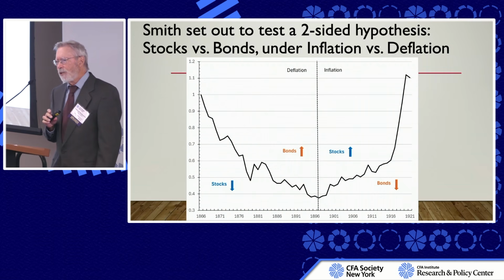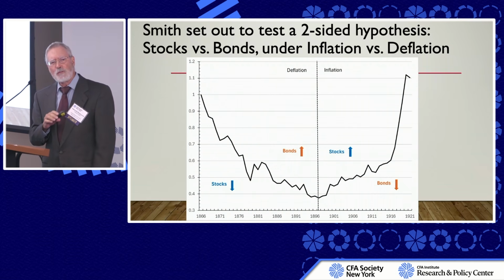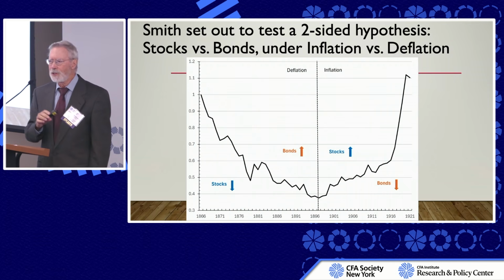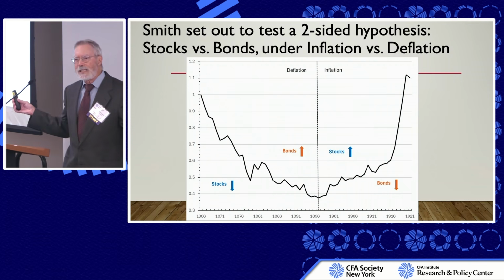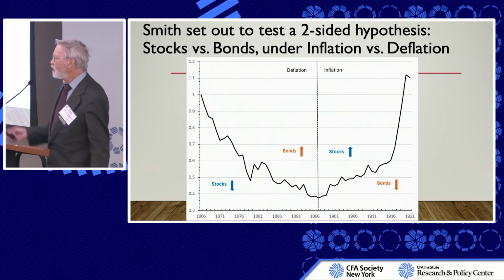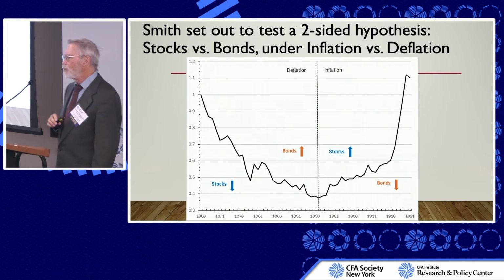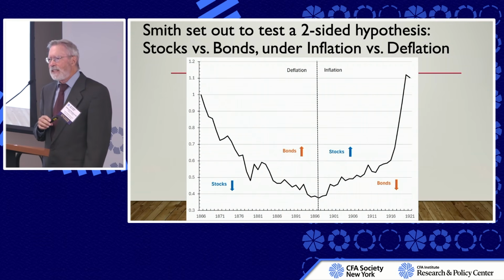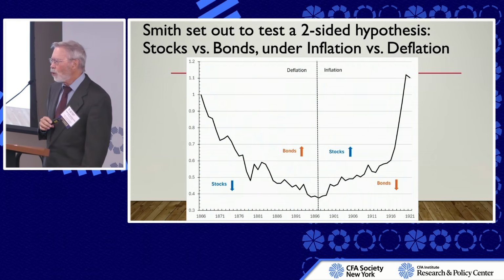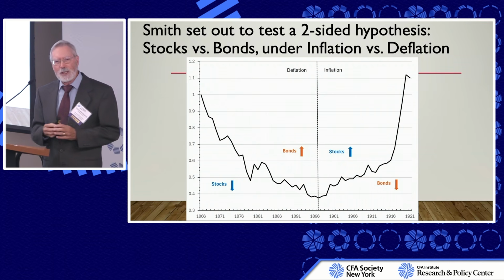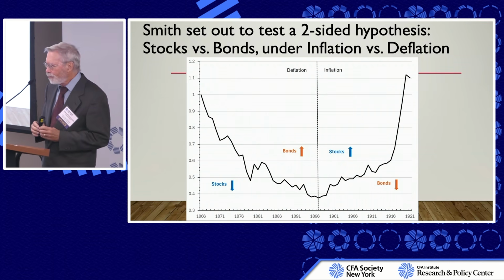Well, more particularly, the conventional wisdom of Smith's day held to a two-sided hypothesis about stock and bond returns. At the time, in the early 1920s, they had the perfect test case. The black line is prices. Deflation for decades after the Civil War, turning around in 1897, and all the prices had come roaring back by 1922.